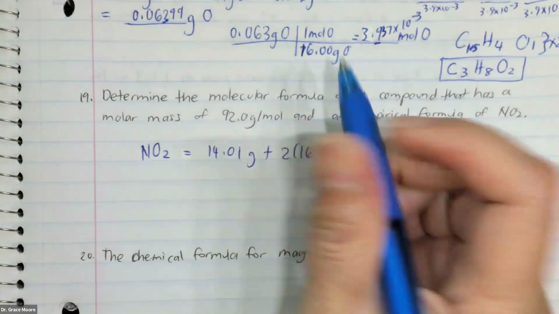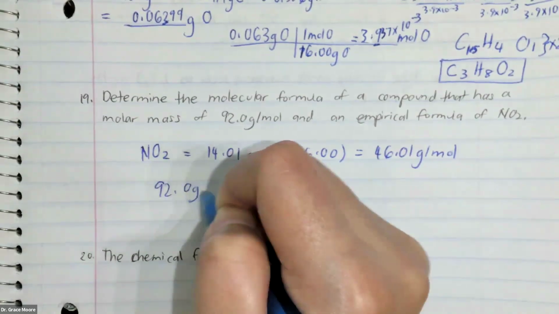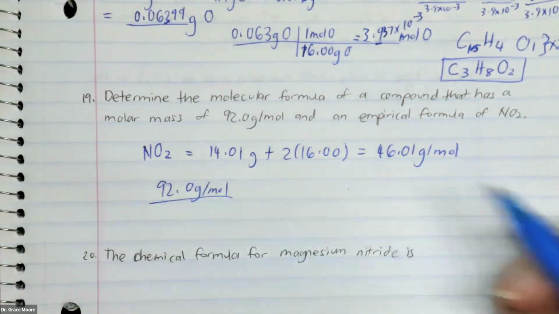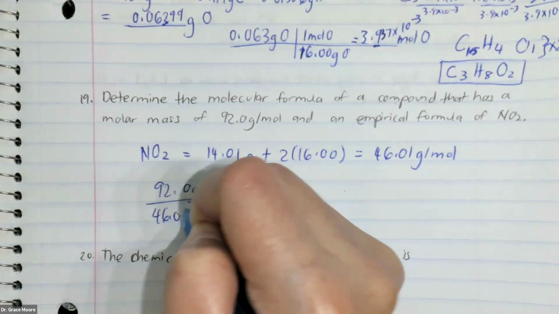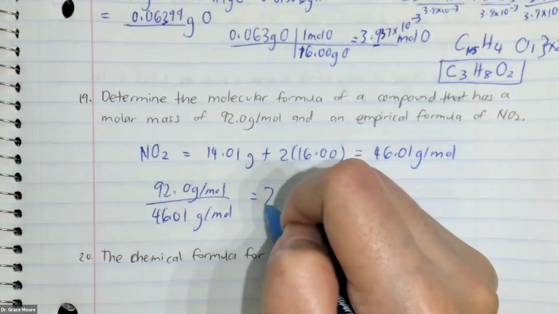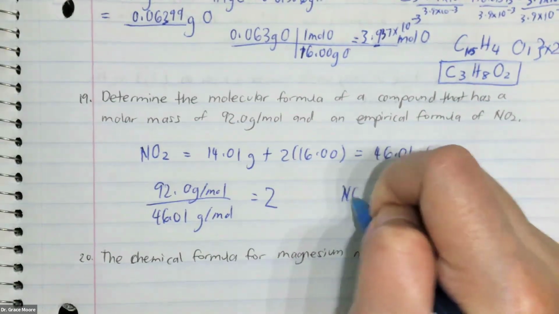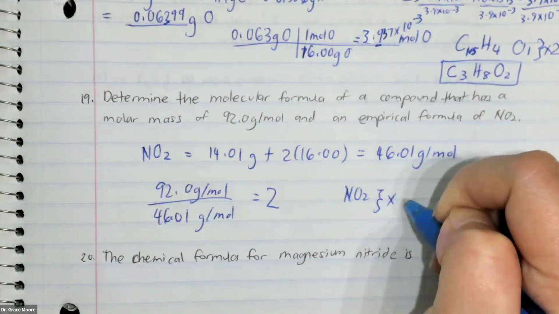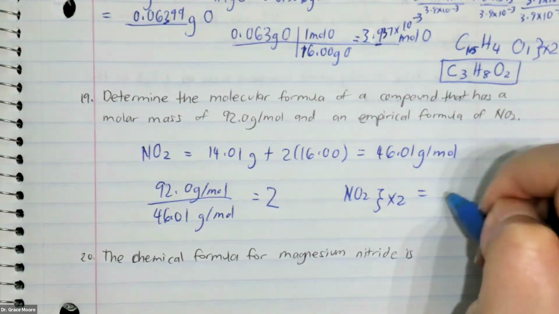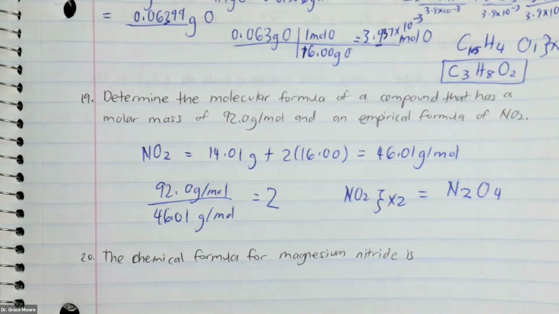If you take the molar mass divided by the empirical mass, 92 divided by 46.01, you get the ratio of 2. This is the factor that you multiply the empirical formula by to get the answer. So NO2 times 2 will give me the molecular formula, which in this case is N2O4.